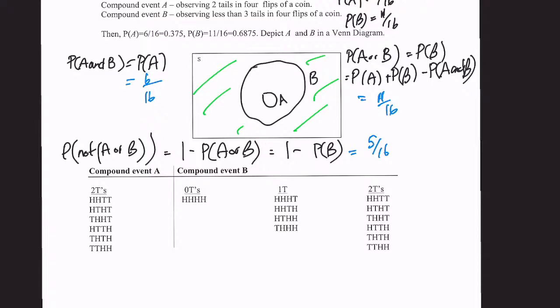And you would have gotten the wrong answer to finding this if you added A and B. If you didn't realize that this was included in here, they're not disjoint events.